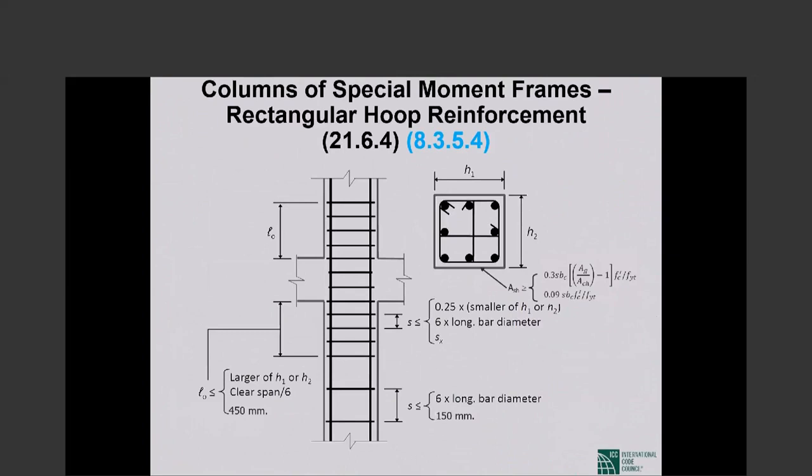Here. Okay, so when we are talking about confinement, we are talking about this. And so the minimum cross-sectional area must be the larger of the values given by the two formulas. This f sub yt can be up to 100 ksi.